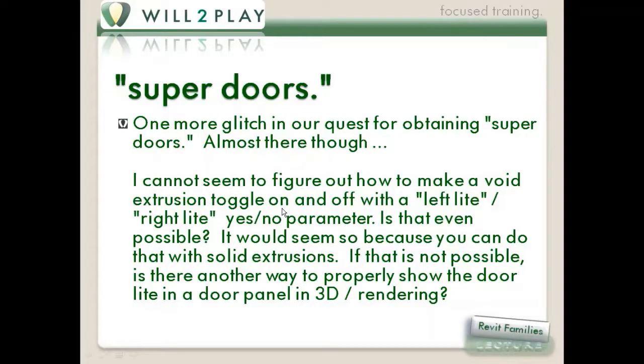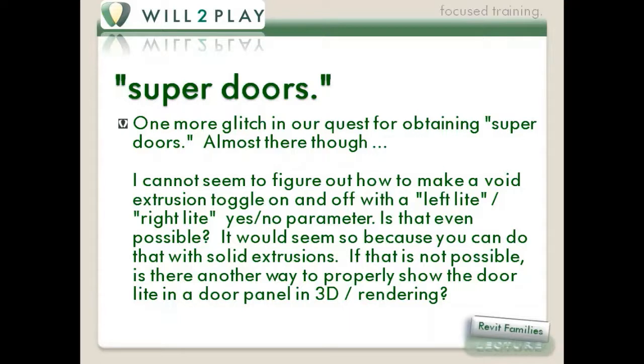Answer that first question? Super doors. And speaking of super doors, you can model everything in the door that you want. I would not suggest it. If you really want to get into a crazy super door, like I have the ultimate families, and I drop a door in, and I can pick all the hardware and it shows up, the right way to do that would be to have two different door families.